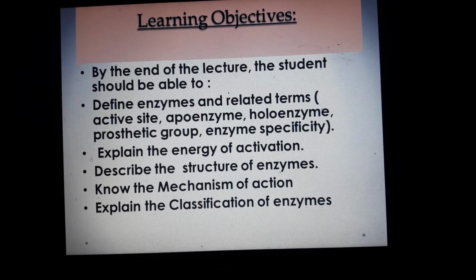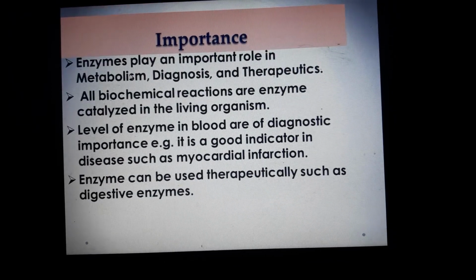Take note that during the chemical reactions, energy is being used up by the enzymes in the process of catalysis or speeding up the reactions. Know the mechanism of actions, and then you have to explain the classification of enzymes, and of course describe the structure of enzymes.